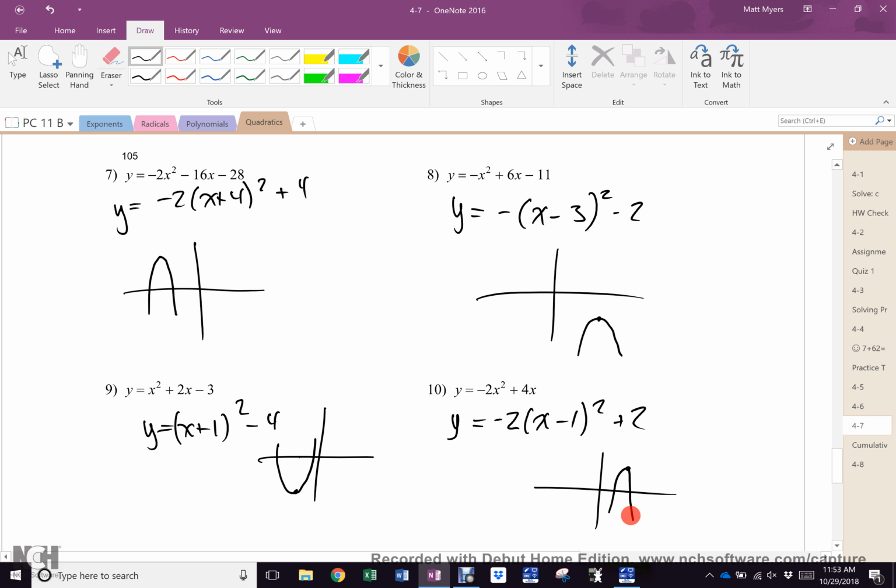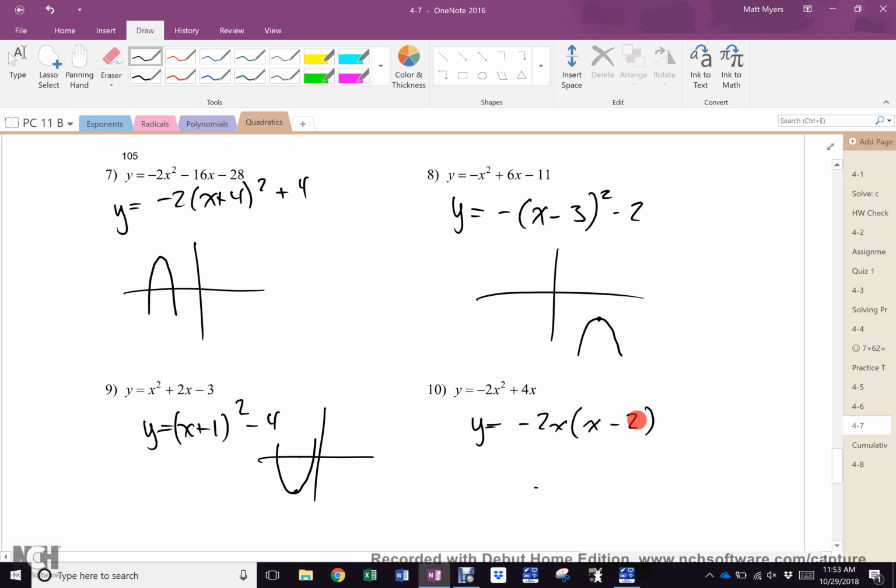Any questions from 7, 8, 9, 10? Okay. Y equals negative 2x, x minus 2. Did I do it that way? Yes.